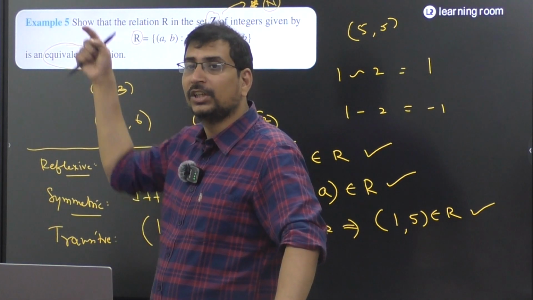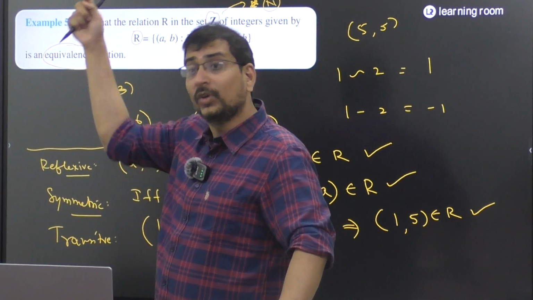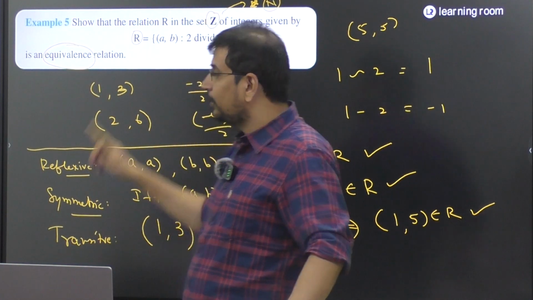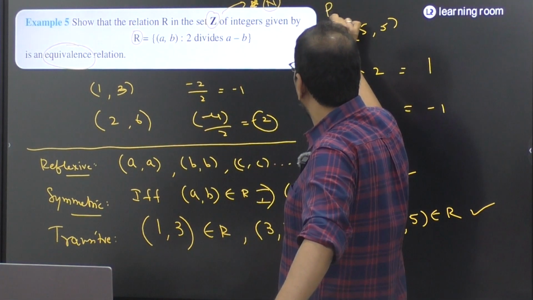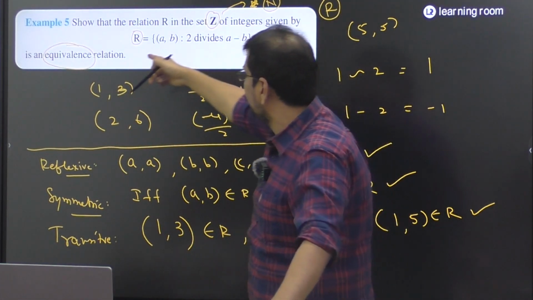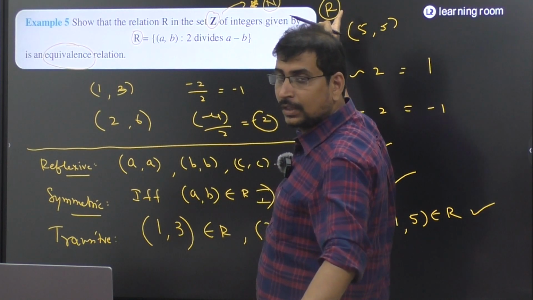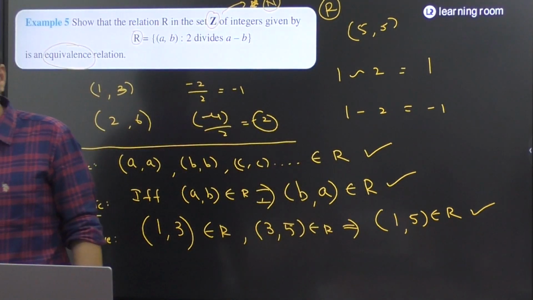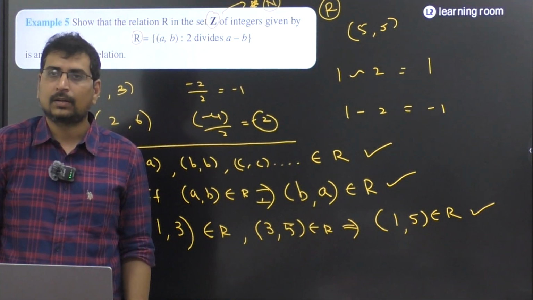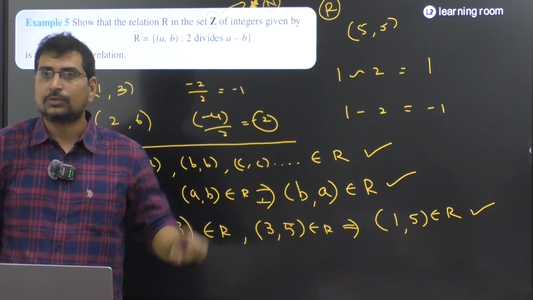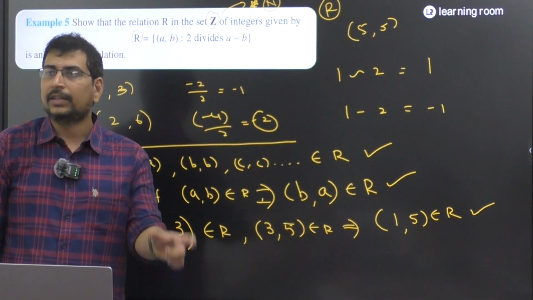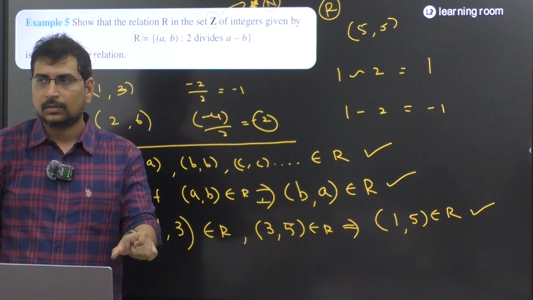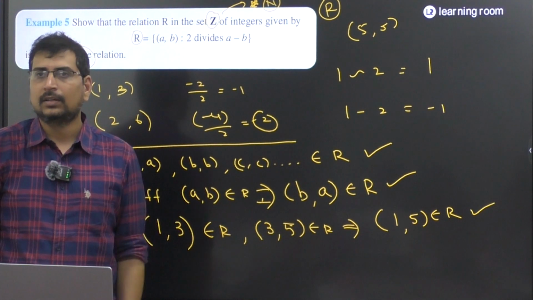Only if they change it to rational numbers or real numbers. Had the question been, instead of Z or N, had they told you real numbers, don't get confused, set R. Had they told it is real numbers, then your answer would have been different. Why? Because real numbers contain fractions also. I can definitely think of fractions where the difference need not be divisible by 2.